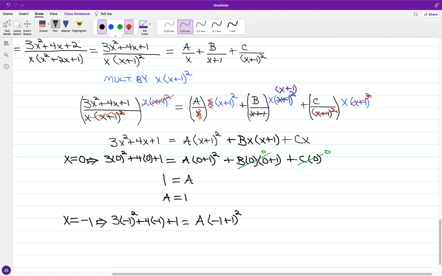So I have 8 times the square of negative 1 plus 1, so that is going to go to 0. We've got b times x at negative 1. However, with x plus 1, and with x at negative 1, we've got negative 1 plus 1 also at 0, so b is going to go out.